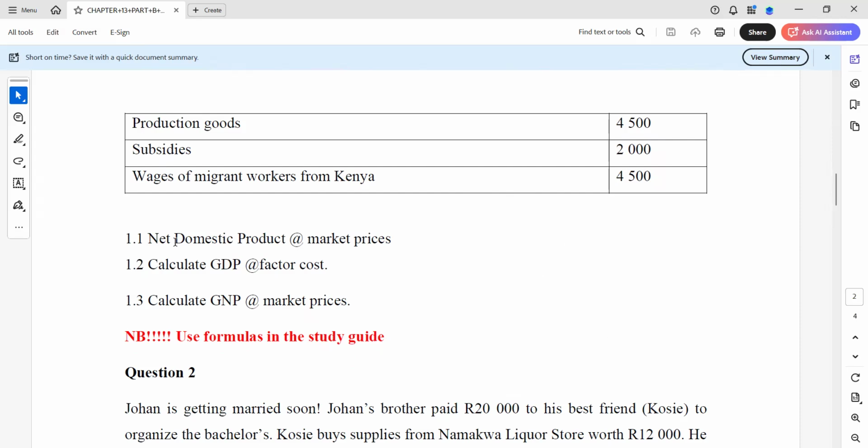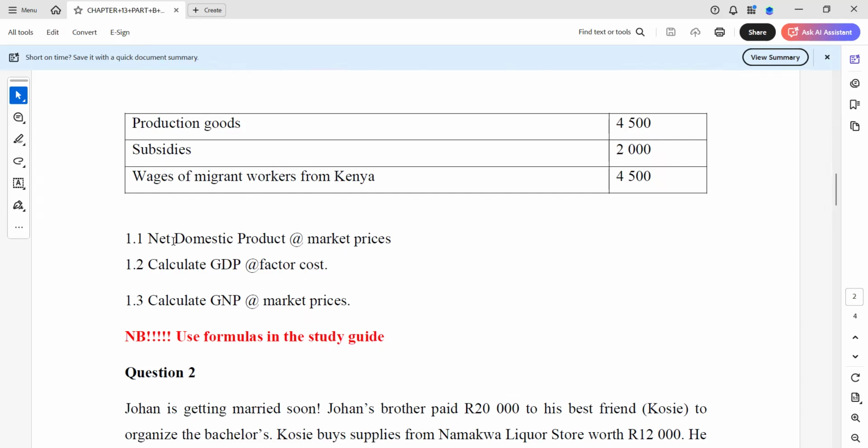So far, you've heard of GDP, right? GDP at market price. So now you're hearing of net domestic product. This is telling you that from GDP, something has been subtracted to get this net here, right? And that thing which was subtracted, in this case, is depreciation.